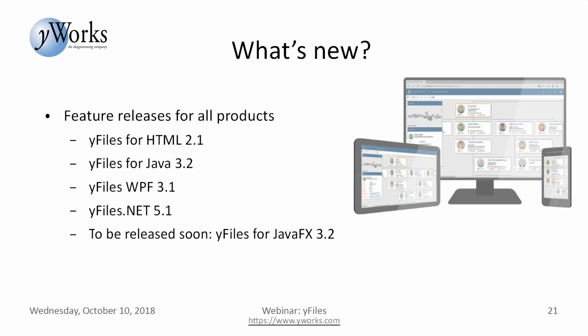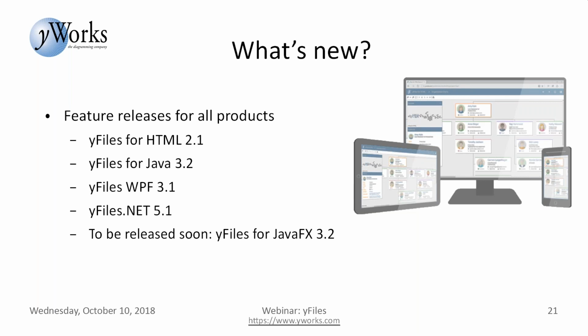We did quite a lot of feature releases for all of our products. We released yFiles for HTML 2.1, yFiles for Java 3.2, yFiles WPF 3.1, yFiles.NET 5.1, and soon we will release yFiles for JavaFX 3.2. A quick note on the version numbers. Actually, currently all of these products, except for yFiles for JavaFX, are mainly on the same level.